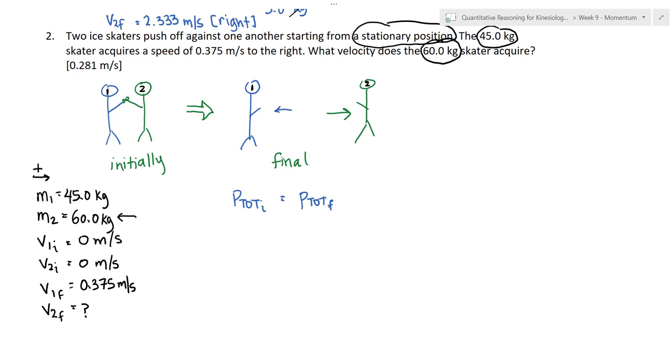Okay, so initially we have two objects, so we have M1 V1 initial plus M2 V2 initial. If we had three objects, we'd keep going and say plus M3 V3 initial, but we only have two people here. And then this is equal to M1 V1 final plus M2 V2 final.